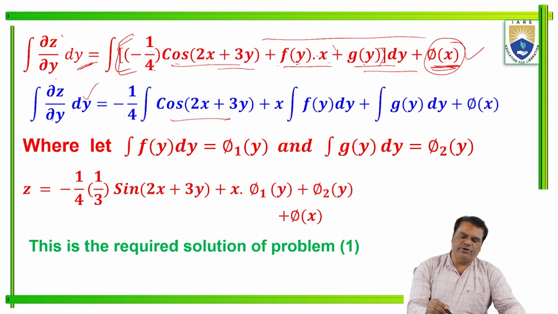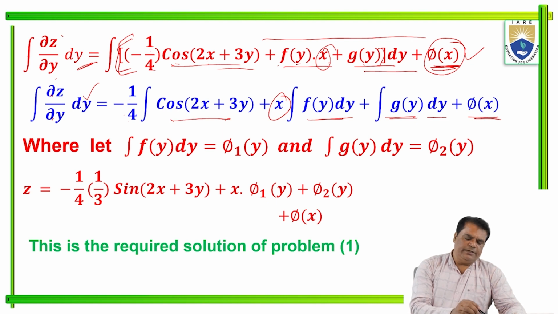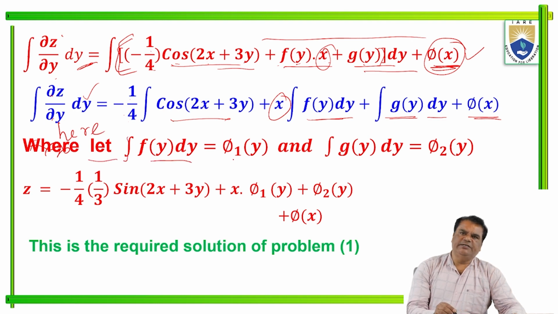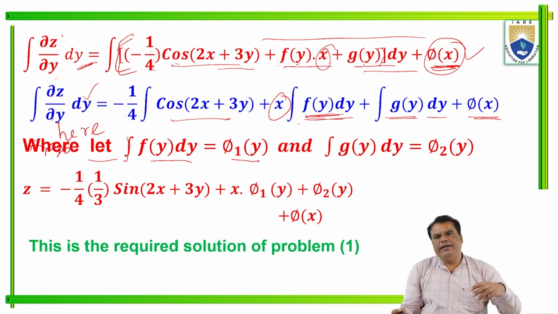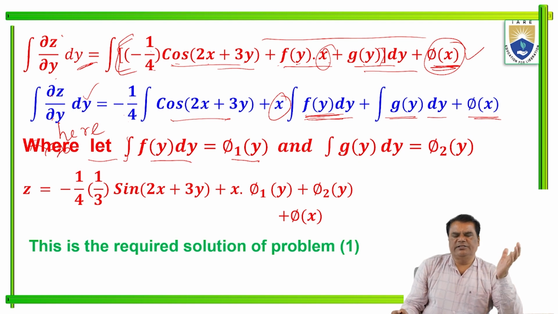X is constant, so I am taking x out. Here f(y) dy and plus g(y) dy plus phi(x). Let the integration of f(y) dy be phi1(y). This is an unknown function f(y), so we cannot integrate this function.